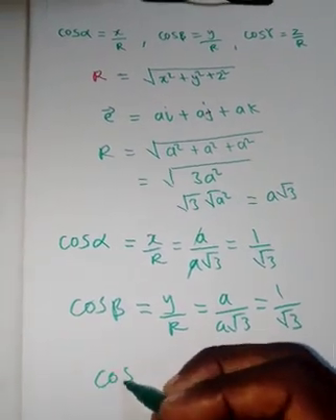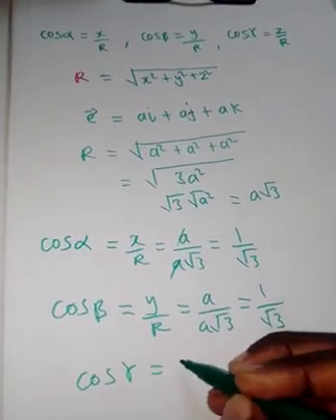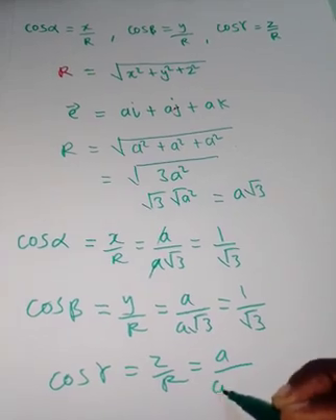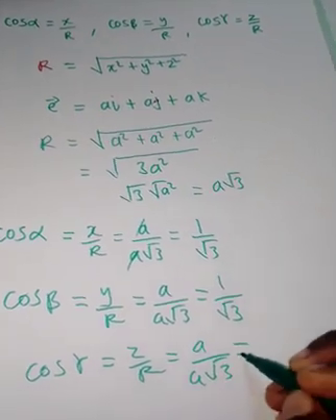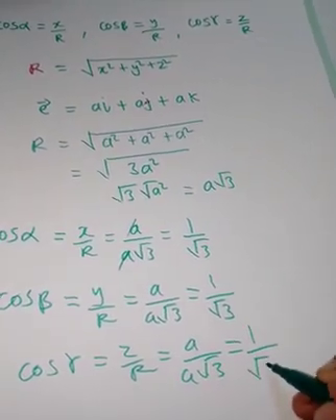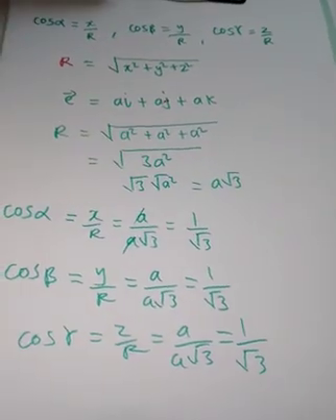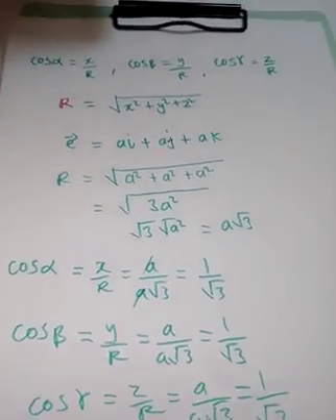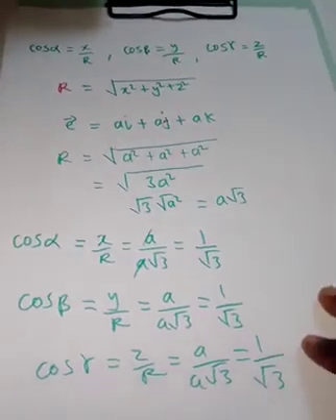Then cos gamma is equal to z over r, a over a root 3, giving us 1 over root 3. So these are the direction cosines of that vector E.